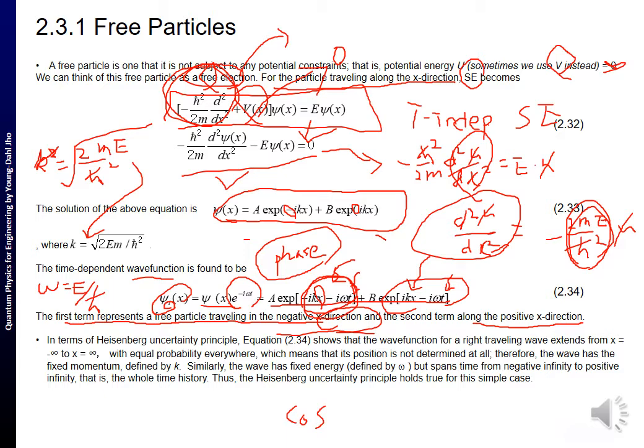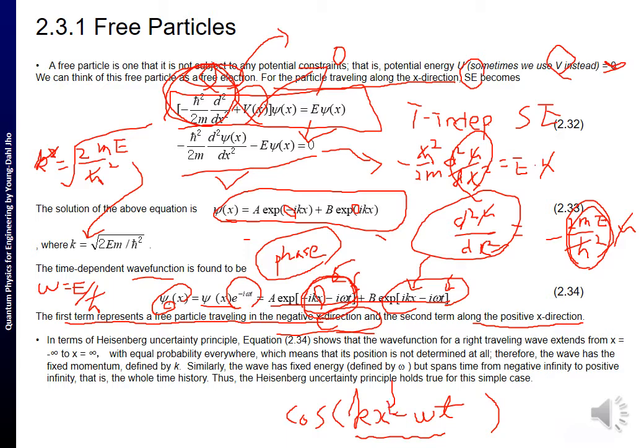When you have a cosine or sine function, for example cosine of kx minus omega t, then what is within the parenthesis we call the phase.